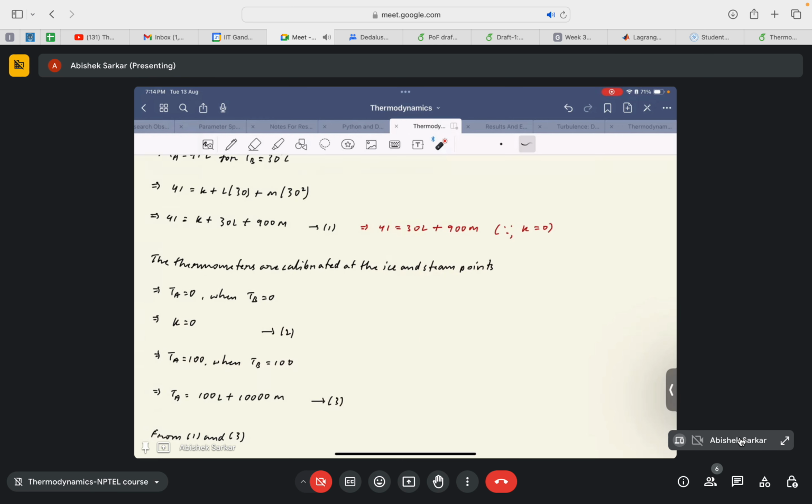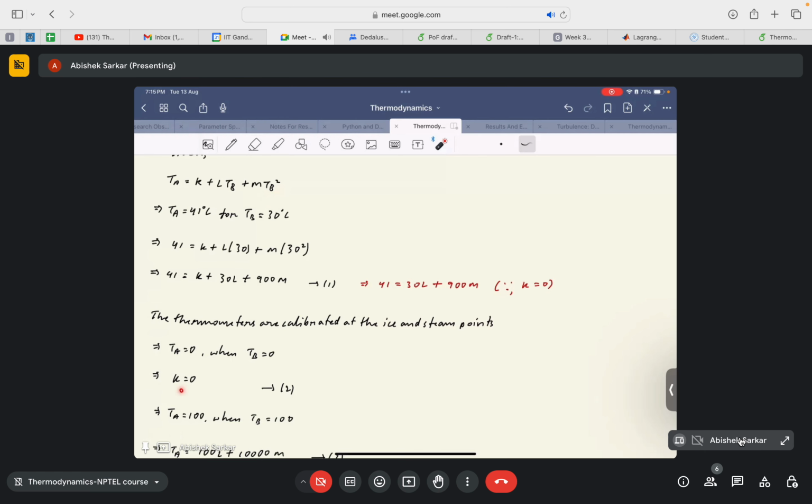So equation number 1 becomes 41 is equal to 30L plus 900M.